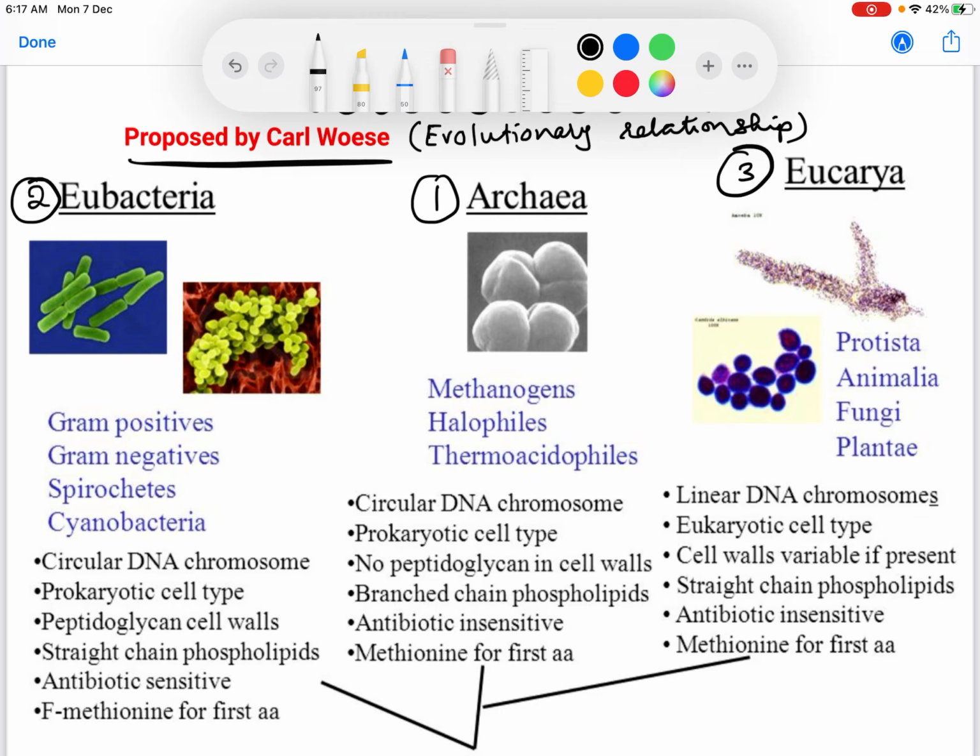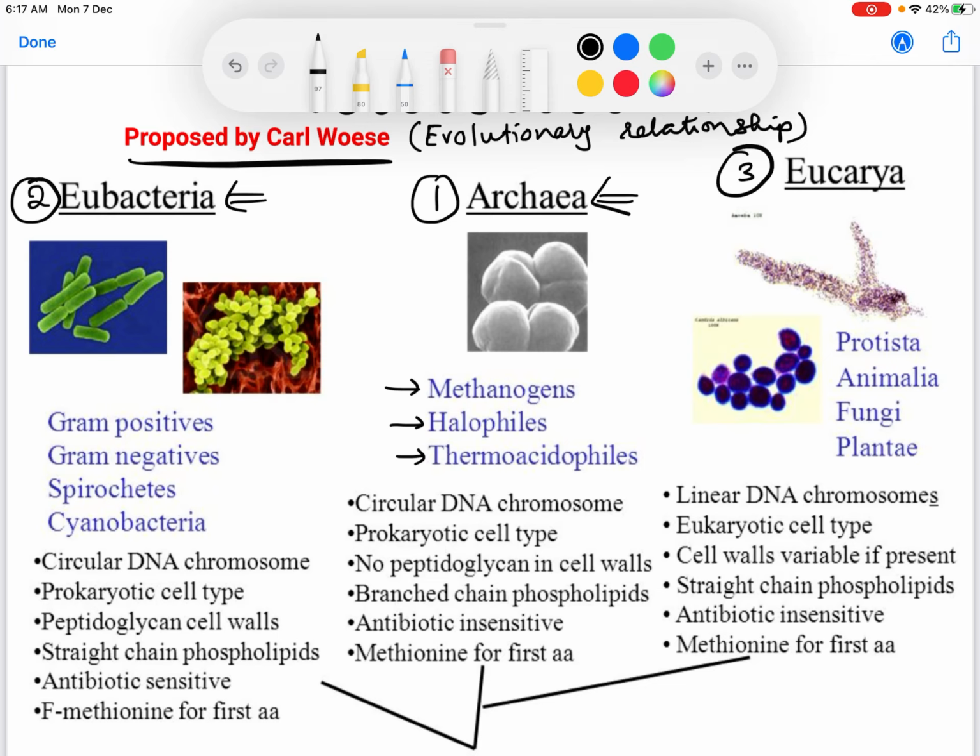Modern monerans are eubacteria, and archaebacteria are the oldest primary organisms which evolved, which are further subcategorized into number 1 methanogens, number 2 halophils, and number 3 thermoacidophils.